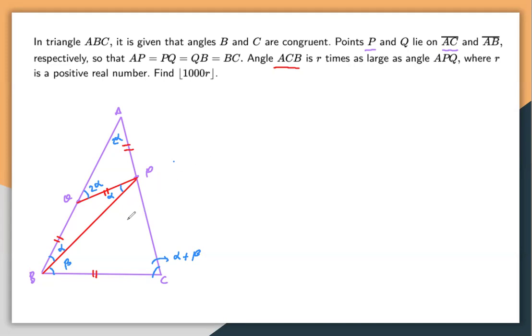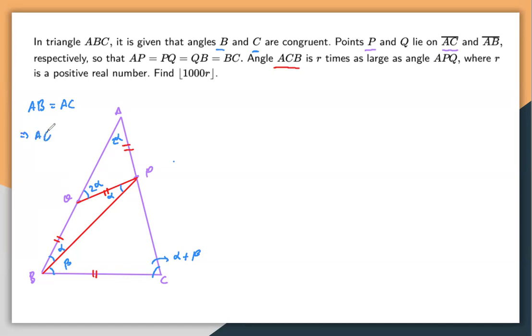But where to use it? We do not really have much stuff. But at the same time, remember we are told B and C are congruent, which means AB and AC are congruent as well. And I do know QB and AP are the same, which will force AQ and PC to be the same as well, which might be useful.